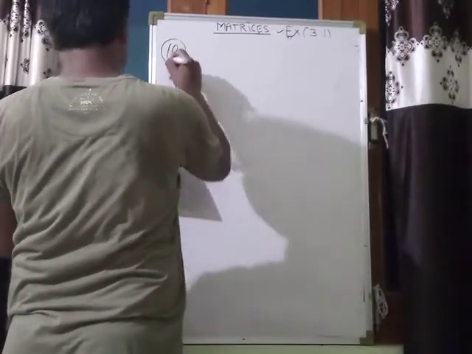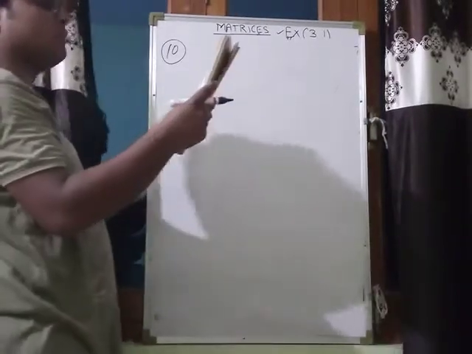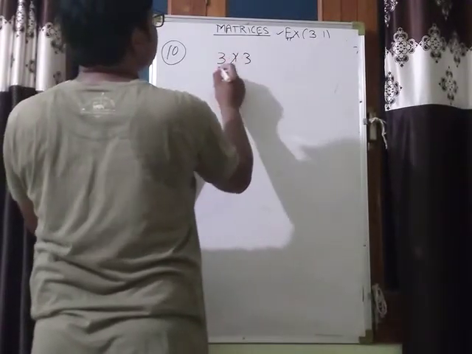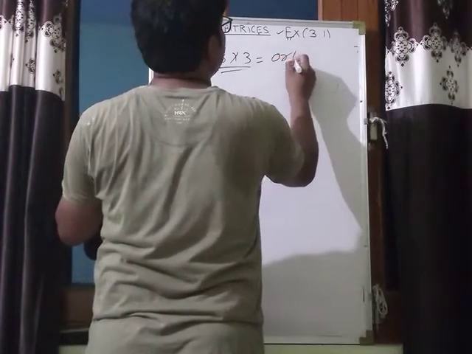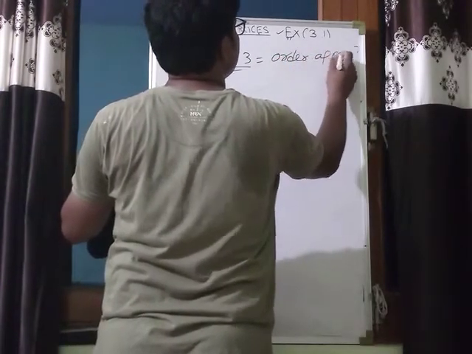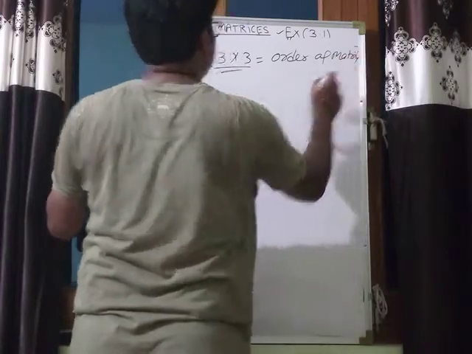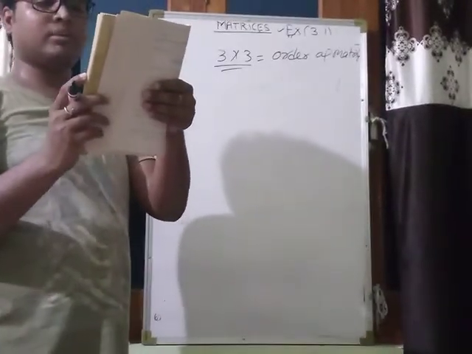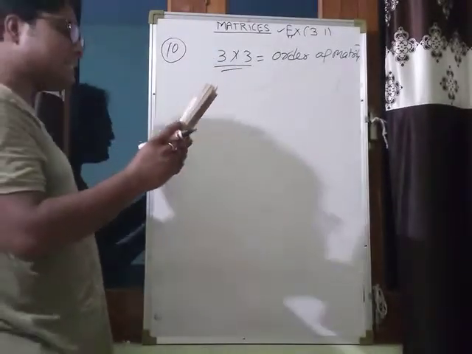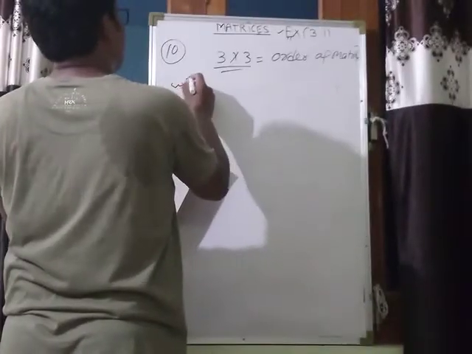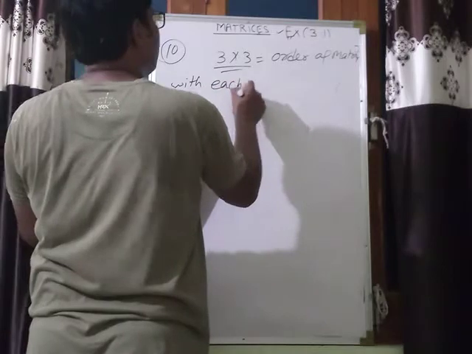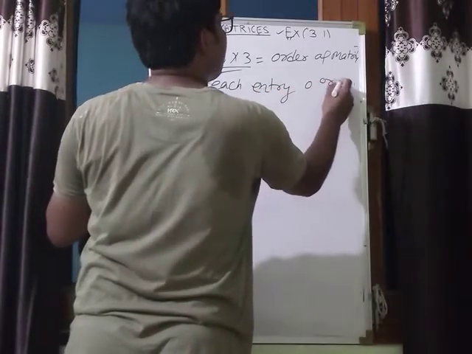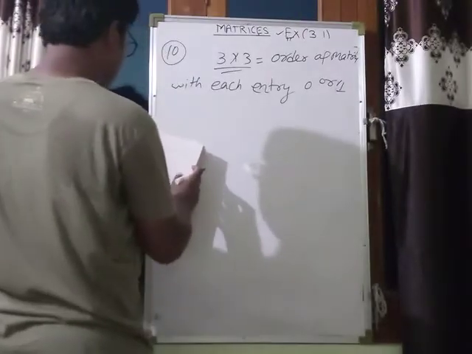Okay. So see question number 10. What is question number 10? The number of all possible matrices of order 3 by 3 with each entry 0 or 1.